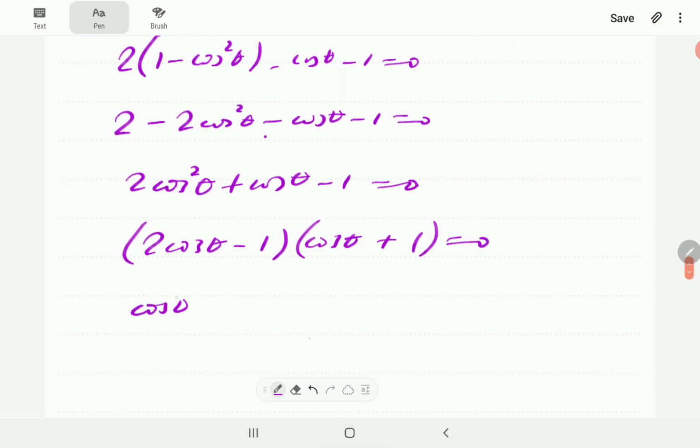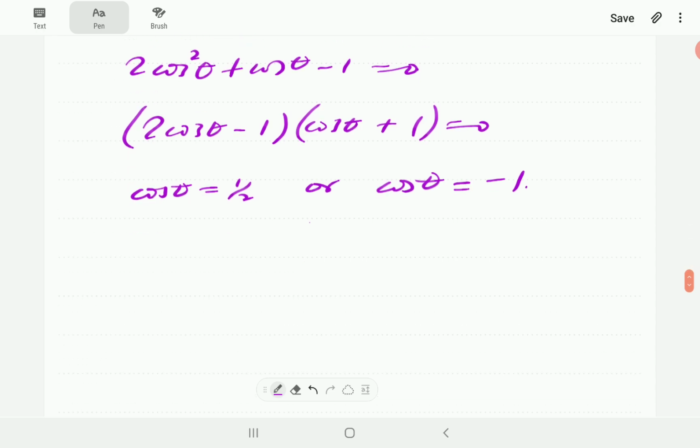So the first one gives us cosine theta is 1/2. The second gives us cosine theta is -1. So we need to do one at a time. We'll just do the general solutions and then you can do the particular solutions.